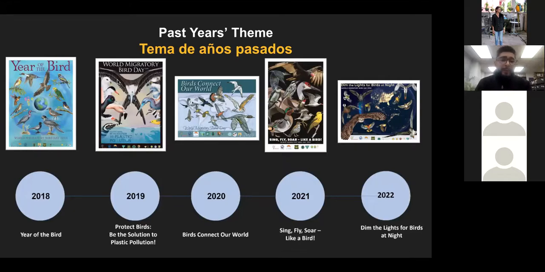So this theme was to focus on the songs of the birds so they could listen to them. We think that it helped a lot of people to find happiness during these very difficult times. And now in 2022, the theme of this year is dim the lights for birds at night.